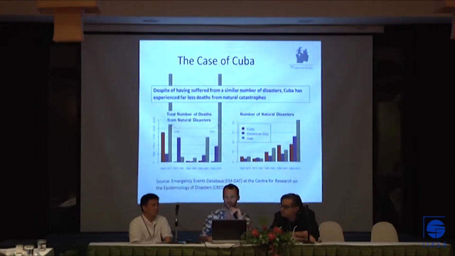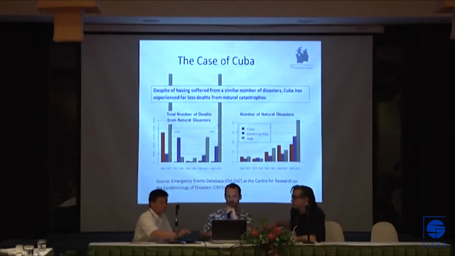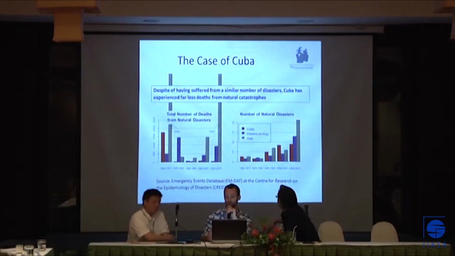Cuba is probably a rather unexpected example when it comes to disaster preparedness, but when you look at the data, you see that in the past, although Cuba has been suffering from quite a high number of natural disasters, just like its Caribbean neighbors, the Dominican Republic and Haiti, if you look at the picture on the left here, the total number of deaths from natural disasters has been far lower in Cuba than in these other two island states.